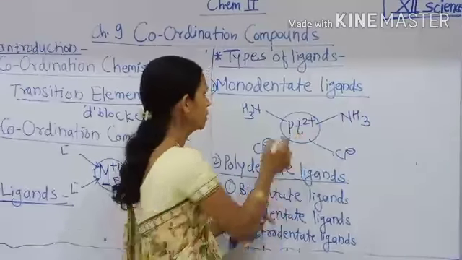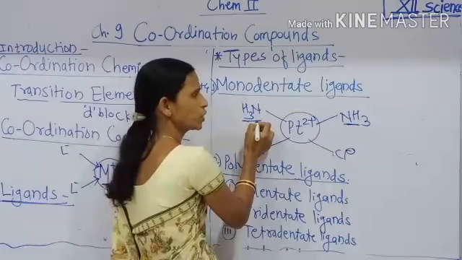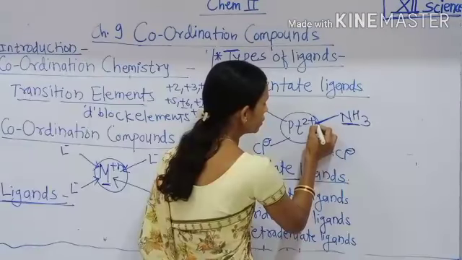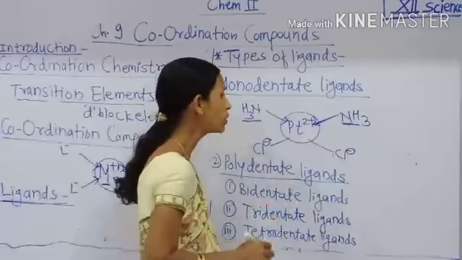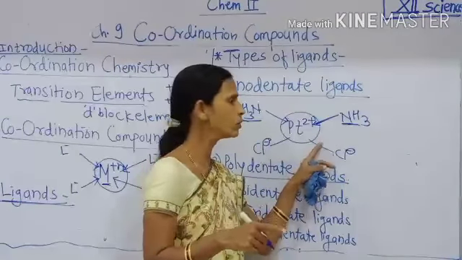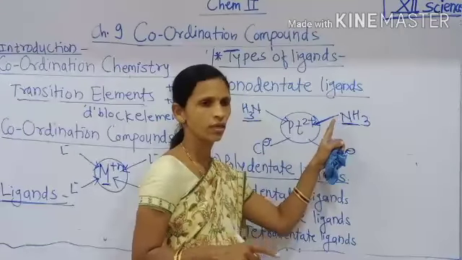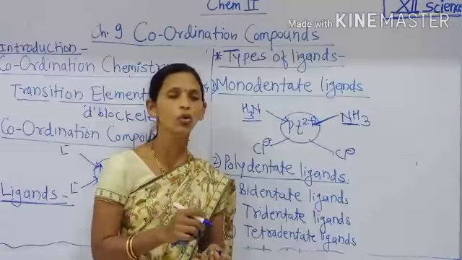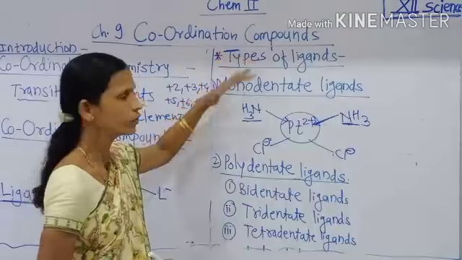The other 2 ligands are amine. In this NH3 group, N is bonded to the central metal ion, not the hydrogen. That means the donor atom of this NH3 ligand is the nitrogen atom, and according to the number of donor atoms in ligands, we can classify the different types of ligands.